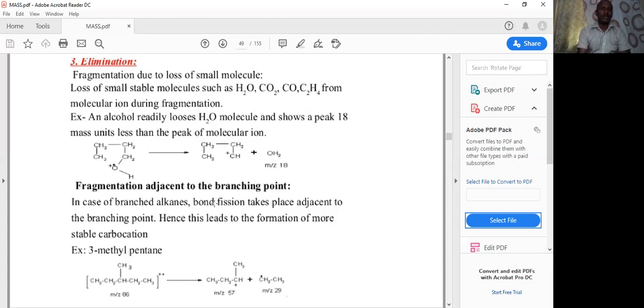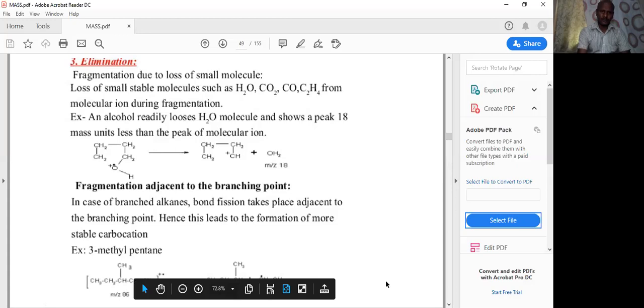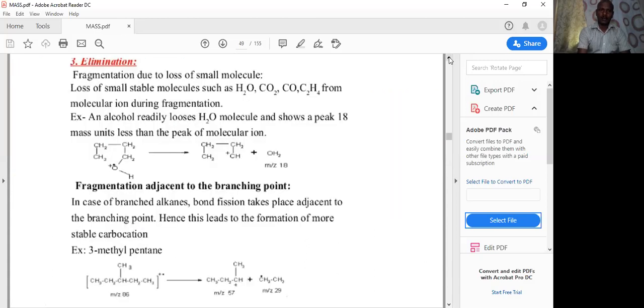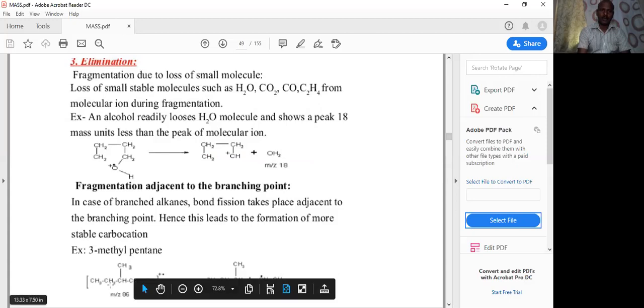The next one is elimination, fragmentation adjacent to the branching point. Can you see that reaction? Yes, sir.